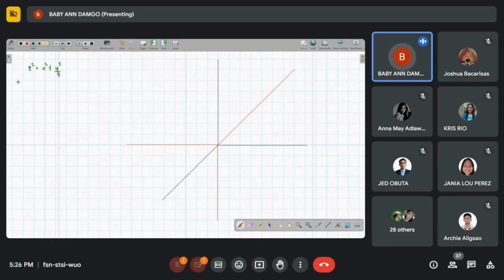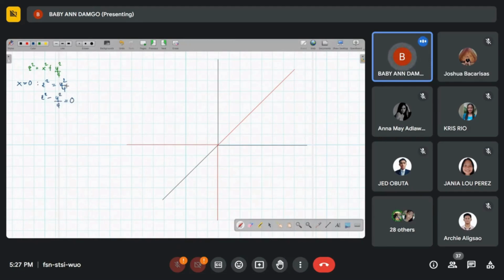So, we will find the traces. So, when x is equal to 0, so we have z squared which is equal to y squared over 4. So, kung ato na siyang i-transpose, we have z squared minus y squared over 4 is equal to 0.